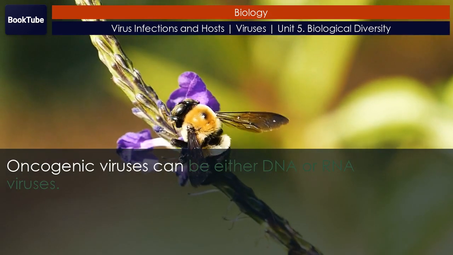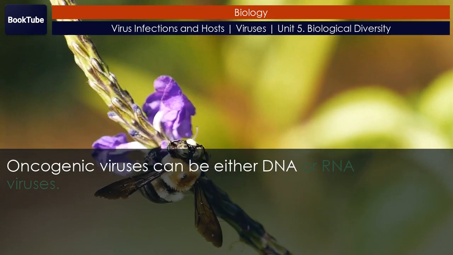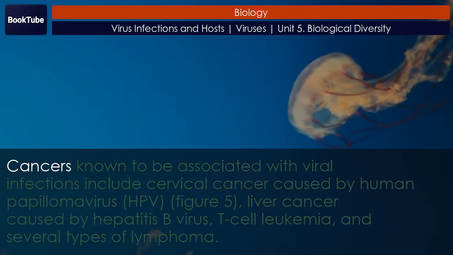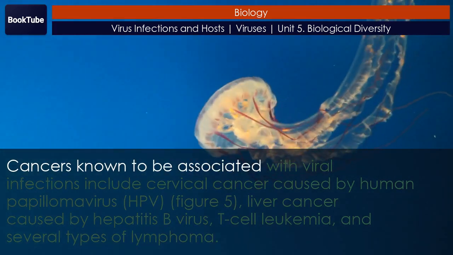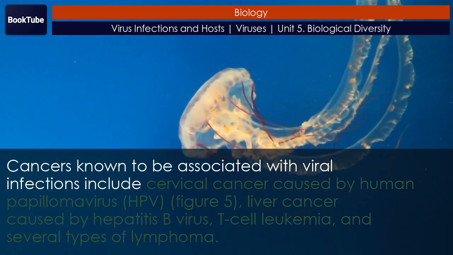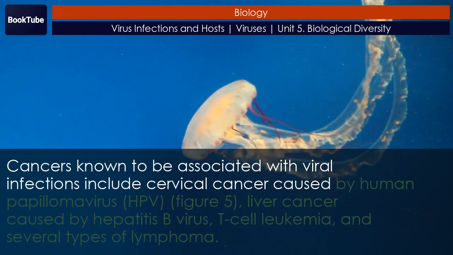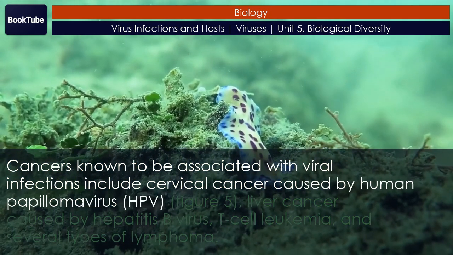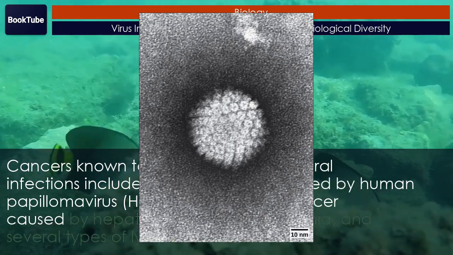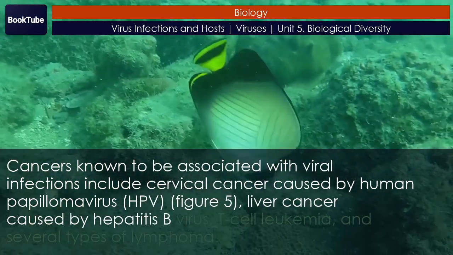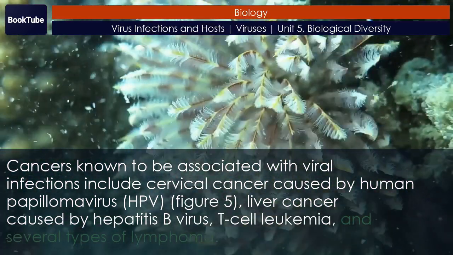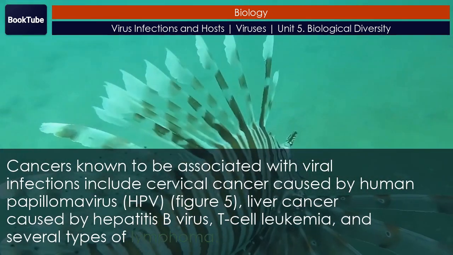Oncogenic viruses can be either DNA or RNA viruses. Cancers known to be associated with viral infections include cervical cancer caused by human papillomavirus, HPV, Figure 5, liver cancer caused by hepatitis B virus, T-cell leukemia, and several types of lymphoma.